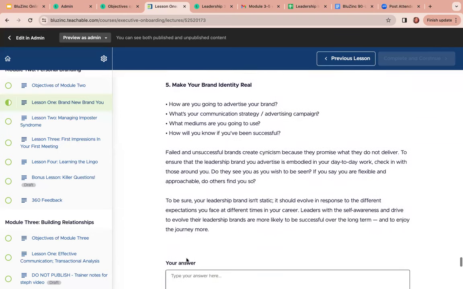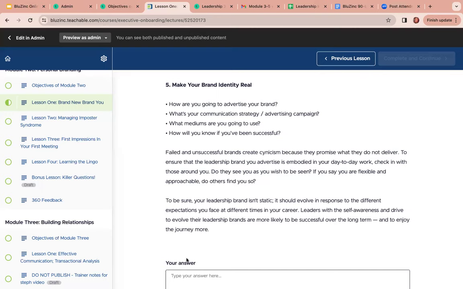And then finally, how are we going to make it real? Think about this as if you are creating a brand that may be a product brand, or a brand that's attached to a product. How are you going to advertise your brand, or advertise yourself? What's your communication strategy? What's your advertising campaign? What mediums are you going to use? Have you got social media within your organization? Have you got an intranet?